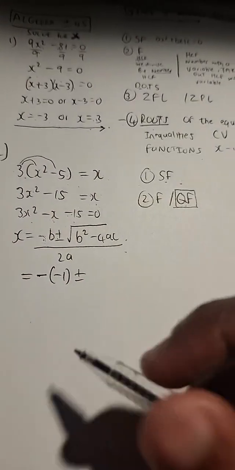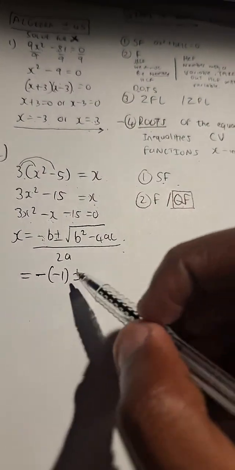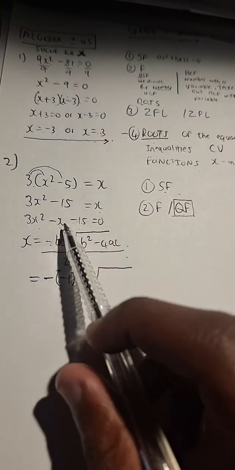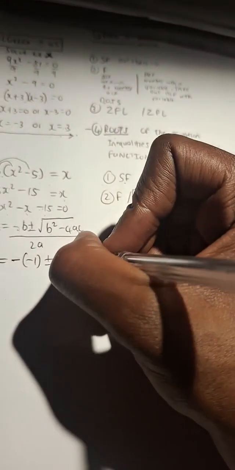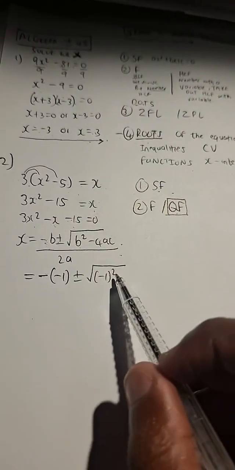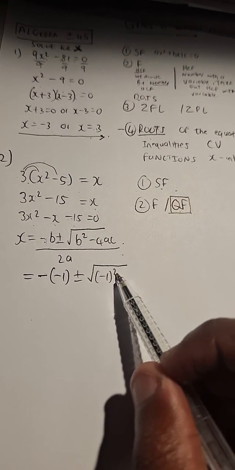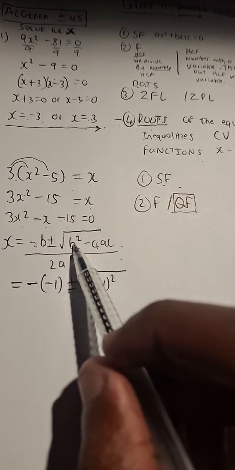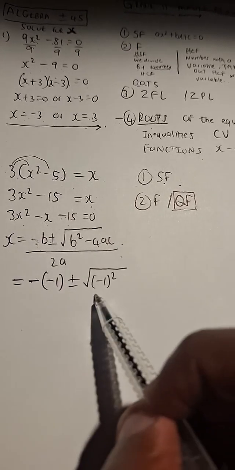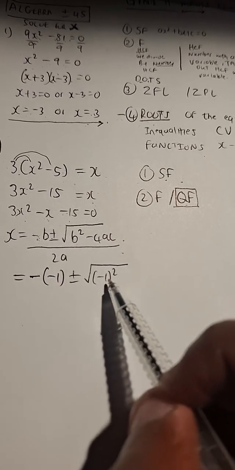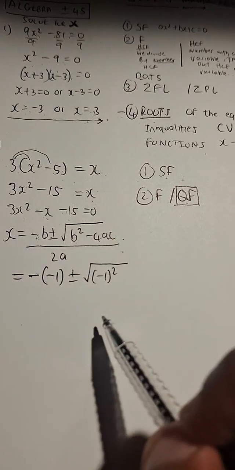And yes, Primrose, it will be positive when we simplify it. Okay, so for now, I'm just doing the substitution. In the place of b, I'm going to once again, in brackets, write -1 and put the square outside. It's different, guys, if you just write -1 and there's no brackets. You must write -1 inside the brackets and the square on the outside.